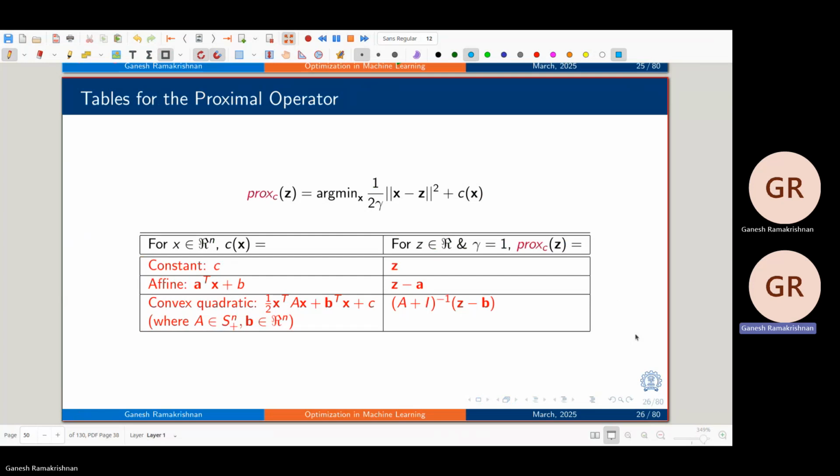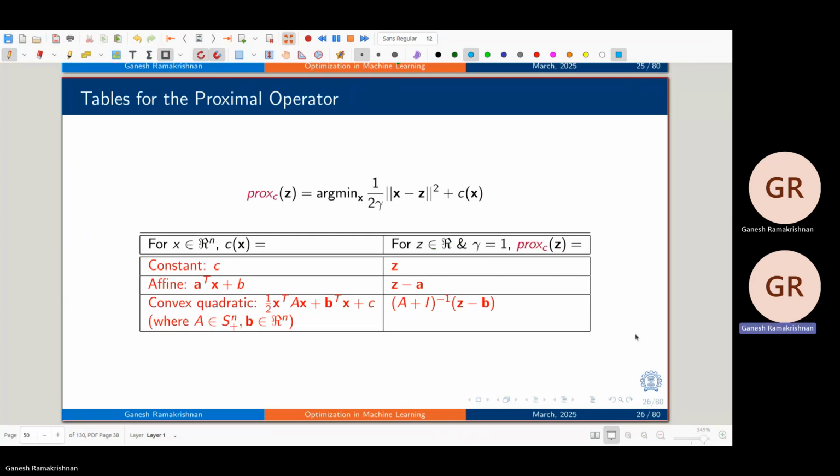Convex quadratic is interesting. Now, instead of pre-multiplying by a scalar or a vector, you are multiplied by A. What you see here happening is exactly of this form. Instead of shrinking, because it's a quadratic expression, it's not linear.